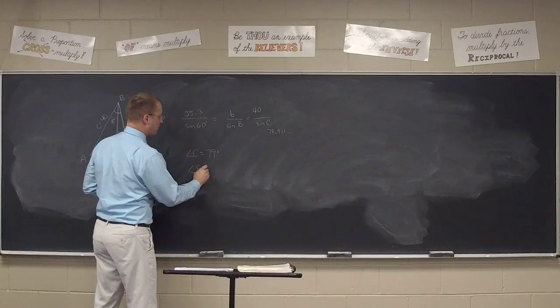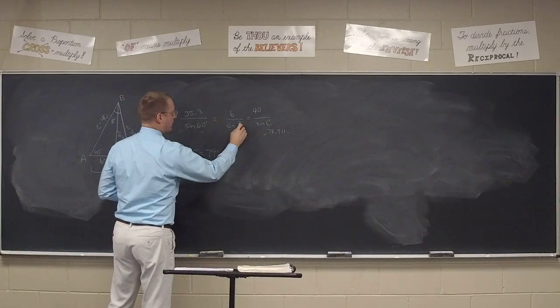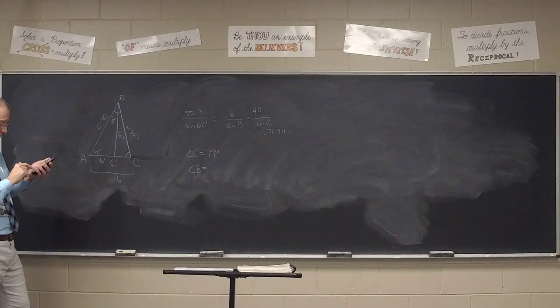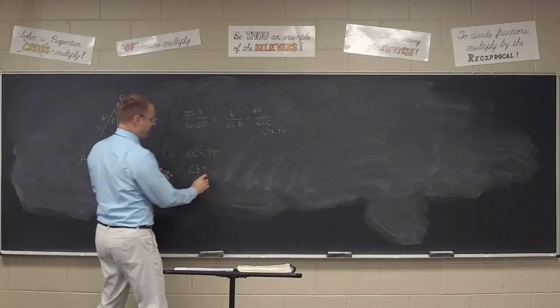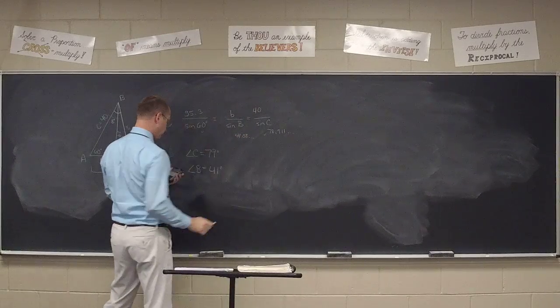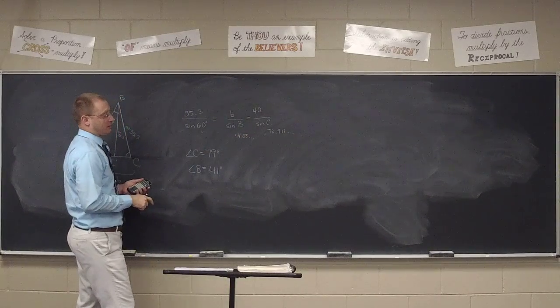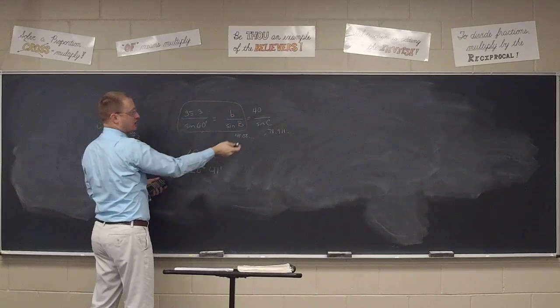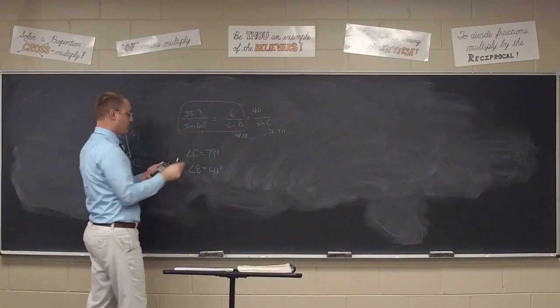Then we'll find angle B. We've got these two, get angle B to be 41.0. Good, almost exactly 41 degrees, it comes to 41.08. That doesn't need to go in the memory because I'm going to use it right away. We were given the A ratio. We just found the bottom half of the B ratio. Let's find the top half.